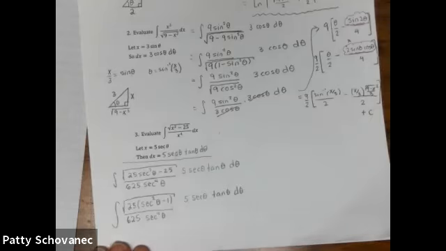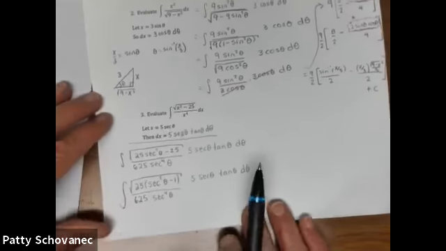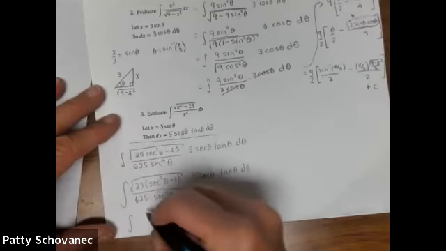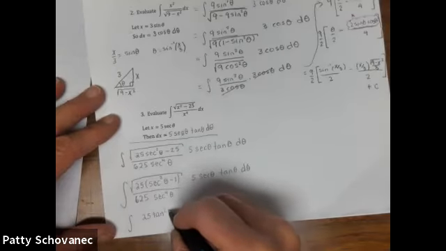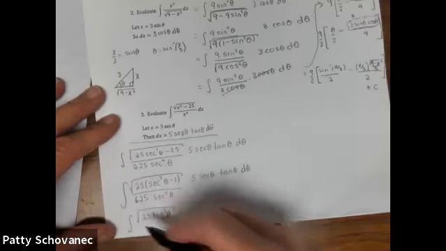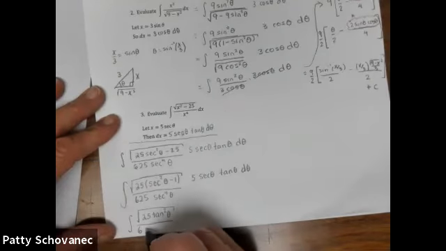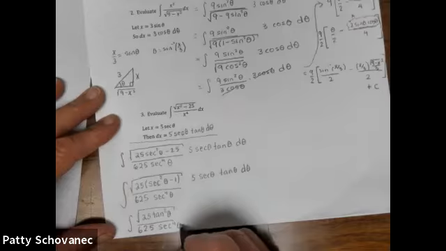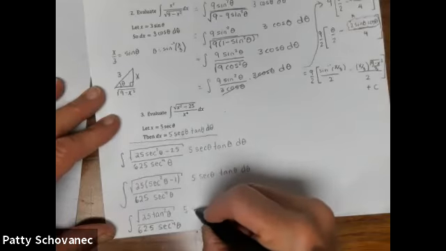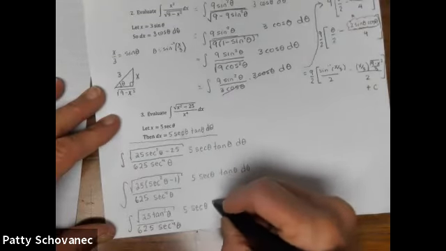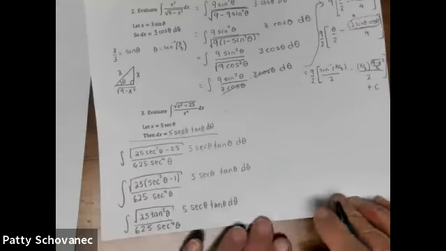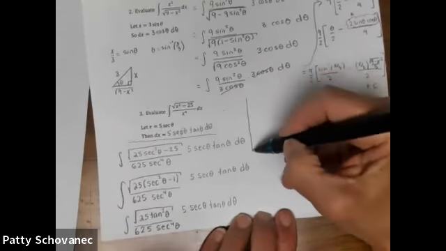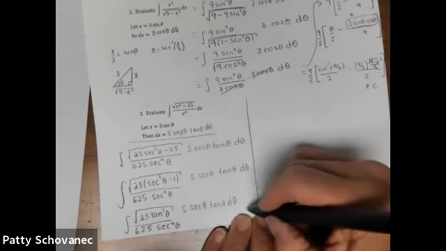But secant squared theta minus 1 is our tangent squared theta. So we have 25 tangent squared theta under the radical sign, 625 secant to the fourth theta in the denominator, and then the 5 secant theta tan theta d theta on top. We're going to pull that way up here. We'll go to the top line now.